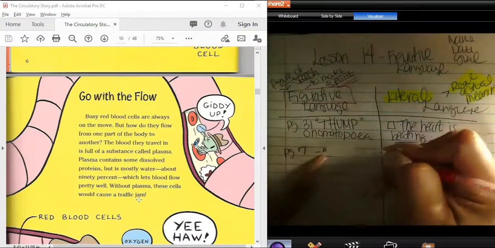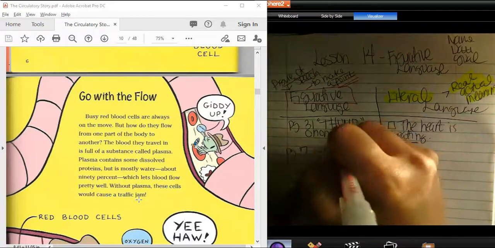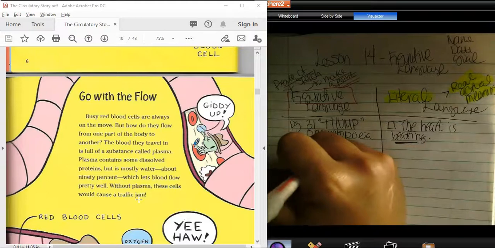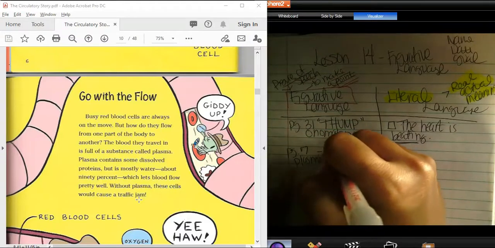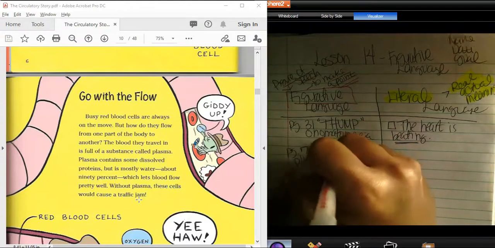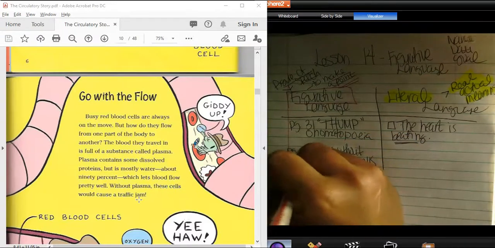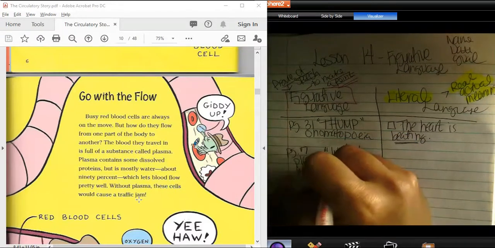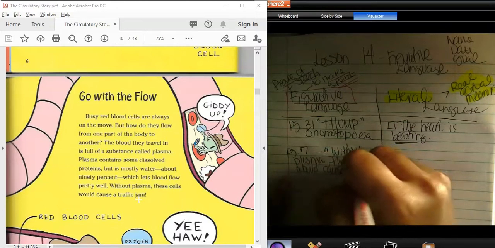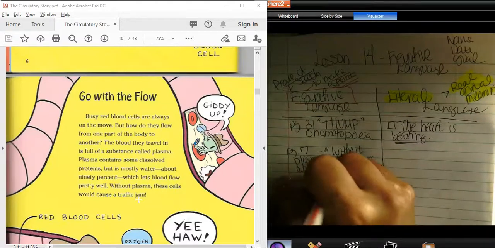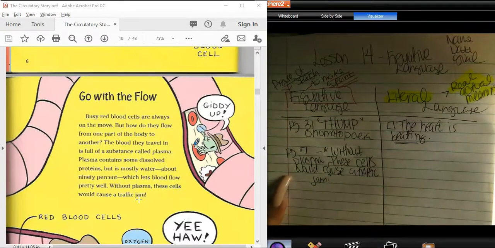Remember, we use quotations because we're going to copy the exact same sentence. So, "without plasma, these cells would cause a traffic jam." Don't forget to end your quotation.